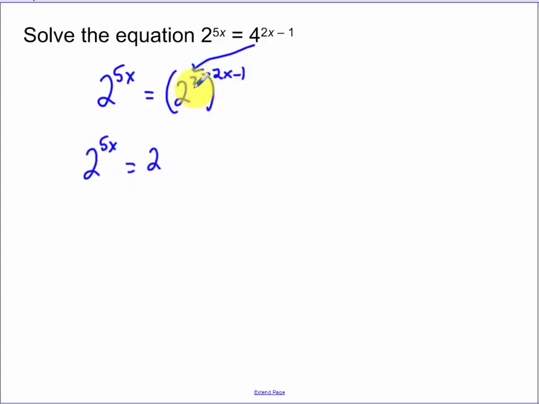So we get 4x minus 2. Okay, so then from there, you set your exponents equal. So I set 5x equal to 4x minus 2. Subtract the 4x over, so I get x equal to negative 2.